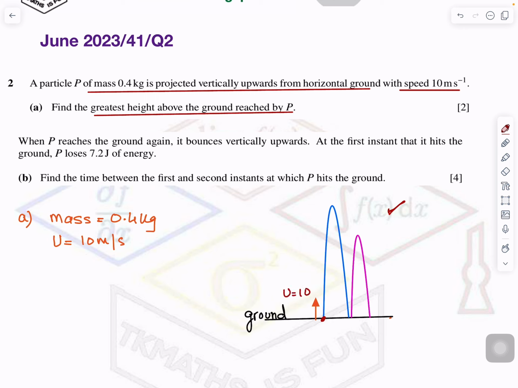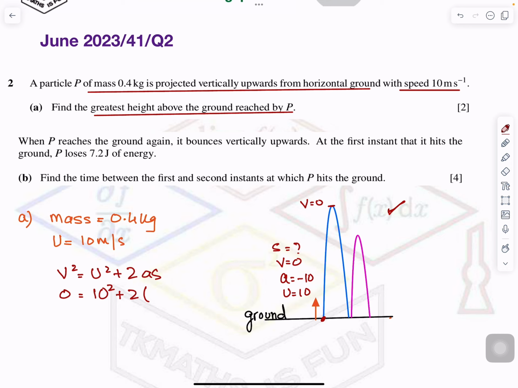What will be the acceleration? Minus 10, because it is under the free fall situation. And when it reaches the highest point, v will be 0, right? So to find out s, I can use the constant acceleration formula, which is v squared equals u squared plus 2as straight away. So pick up your calculator very quickly so that we can finish this question.